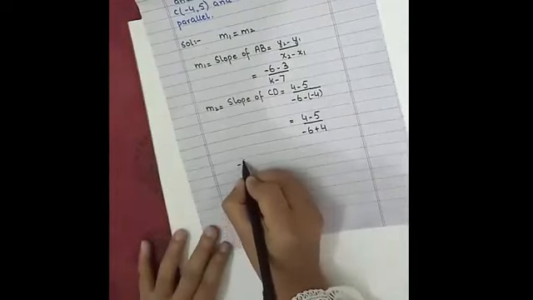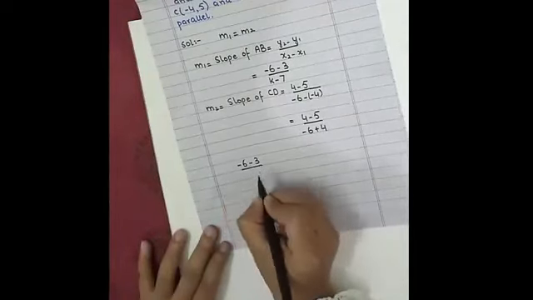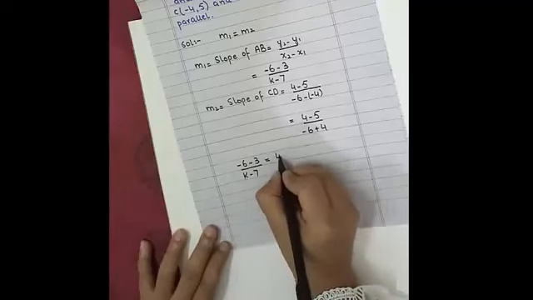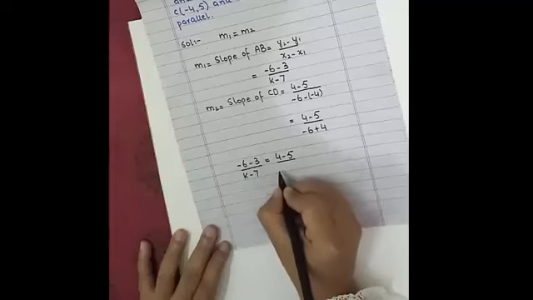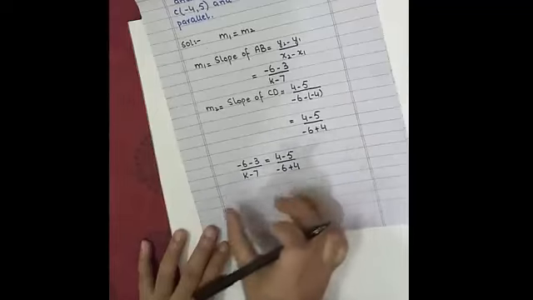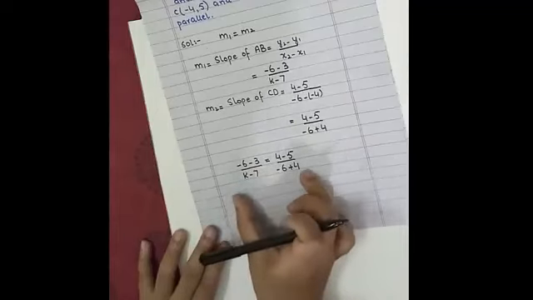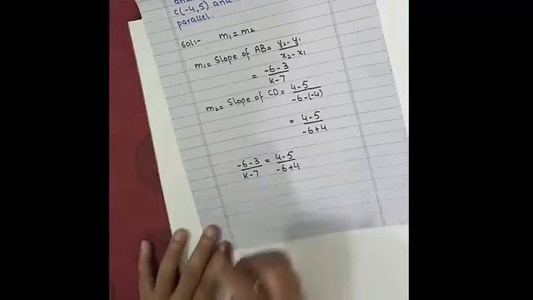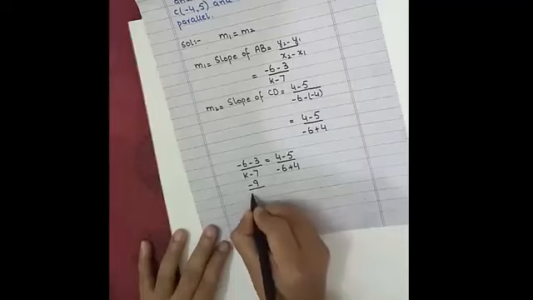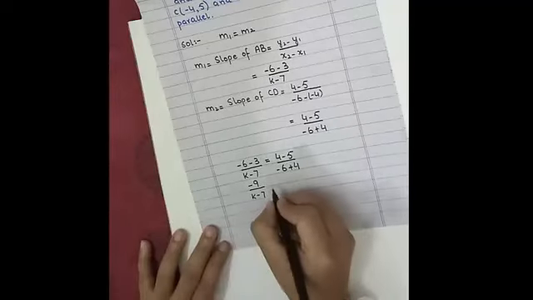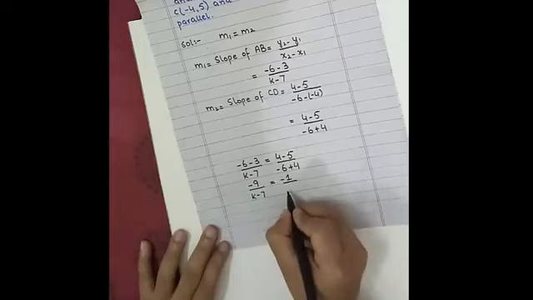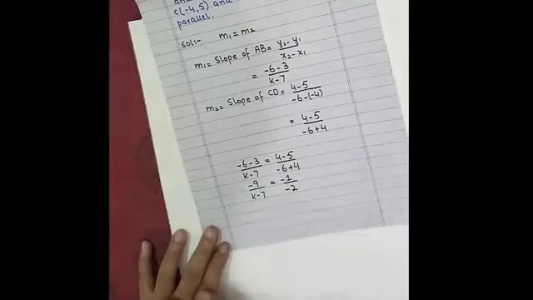So writing (minus 6 minus 3) divided by (k minus 7) equals (4 minus 5) divided by (minus 6 plus 4). Because they are parallel, we have written their slopes as equal. Minus 6 minus 3 is minus 9, over k minus 7, equals 4 minus 5, which is minus 1, over minus 2.